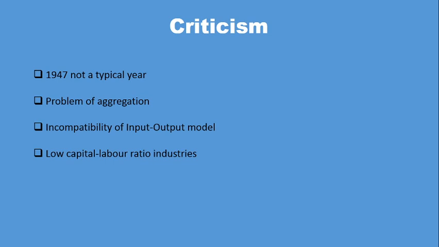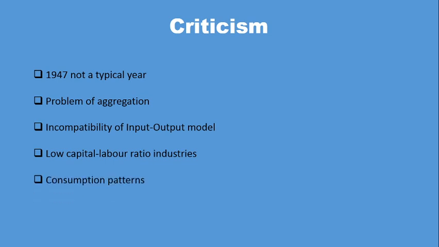Next is low capital labor ratio industries. Leontief is criticized for including certain industries with low capital labor ratios. Such industries were fisheries, agriculture, services, etc. This biased his results. Next point, consumption patterns.